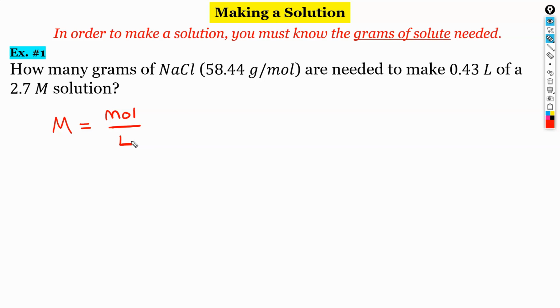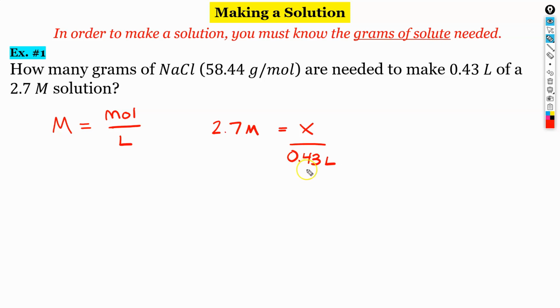Let's fill in the information we have. So it tells us it's a 2.7 molar solution. It's asking for grams. So in order to get grams, we're going to need the moles. And then it tells us that it's a 0.43 liter solution.